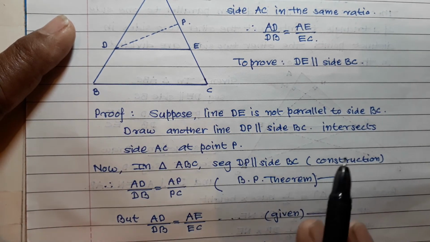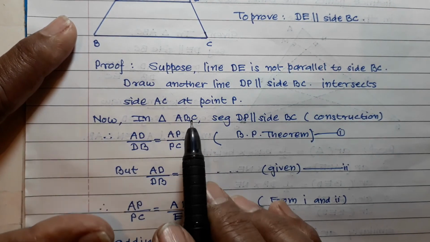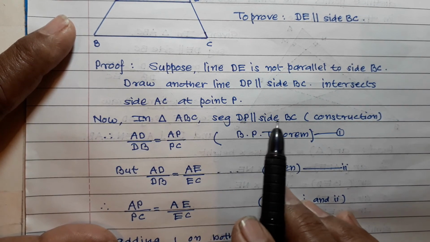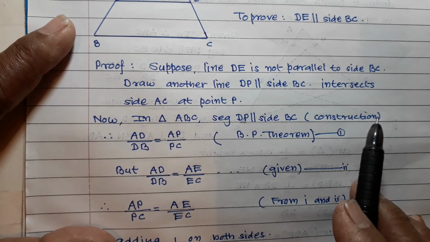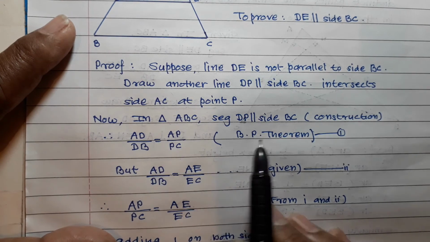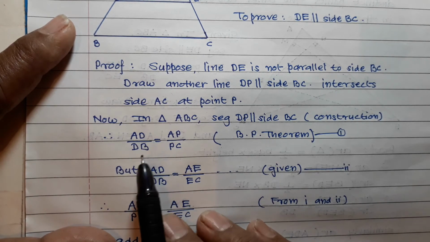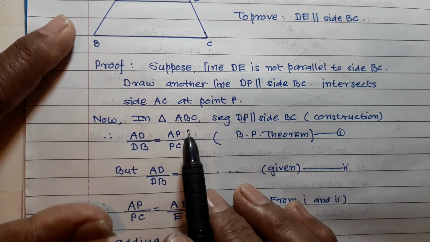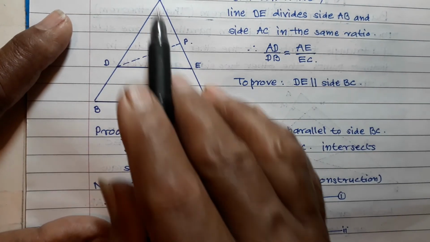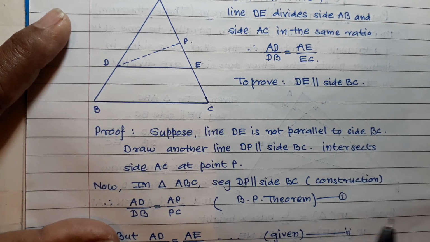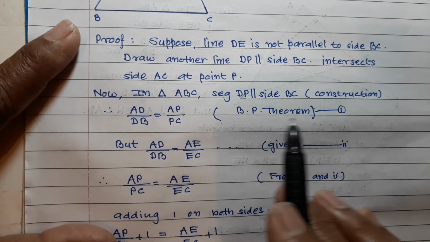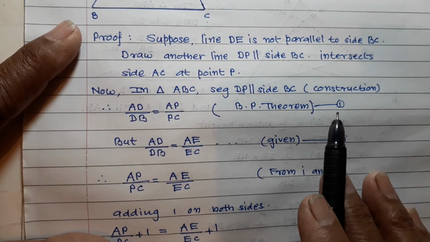Now in triangle ABC, DP is parallel to side BC by construction, and therefore by BPT theorem AD upon DB is equal to AP upon PC. Okay, BPT theorem, statement number 1.